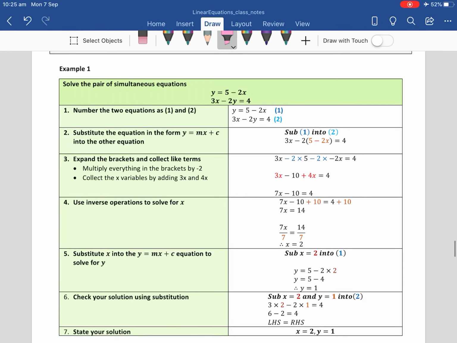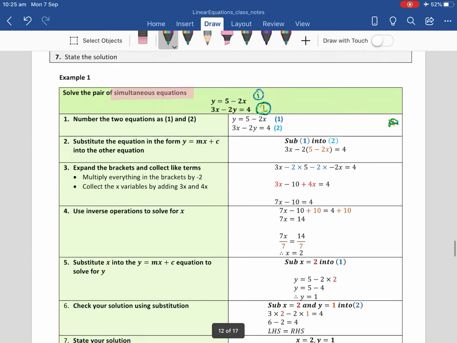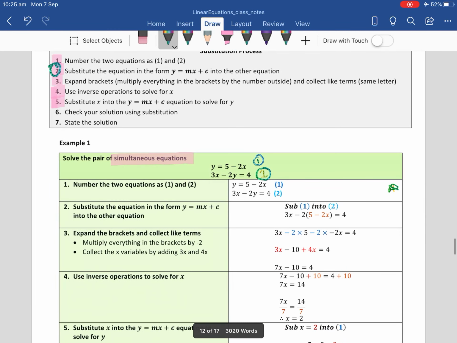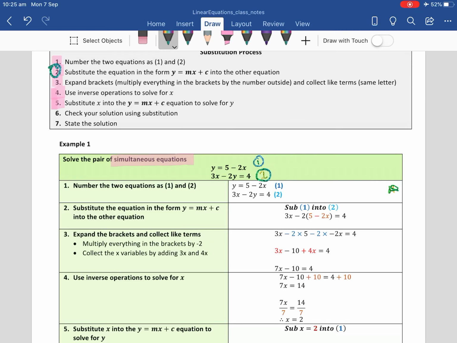So here we go, simultaneous equations. Remembering, two things happening at the same time. We've got two equations here, and we're going to label them 1 and 2. Like number 2 says, substitute the equation in the form y equals mx plus c.